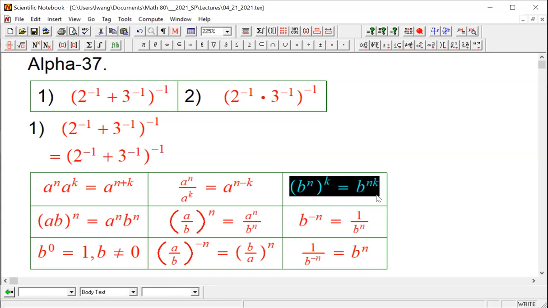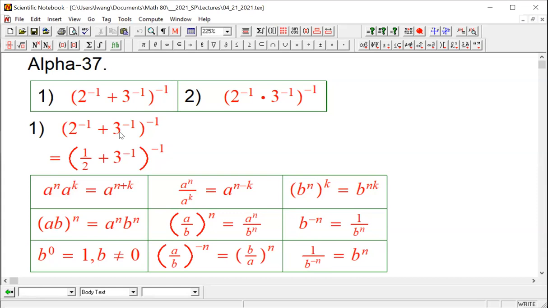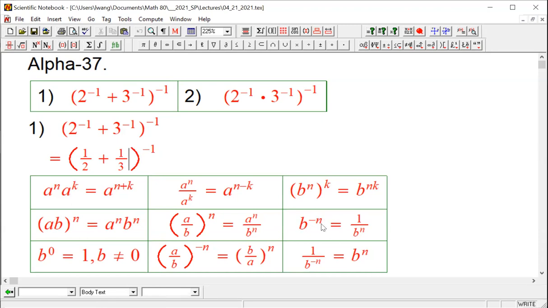So what we can do is turn those into 1/2 and turn this into 1/3, where we apply this rule.